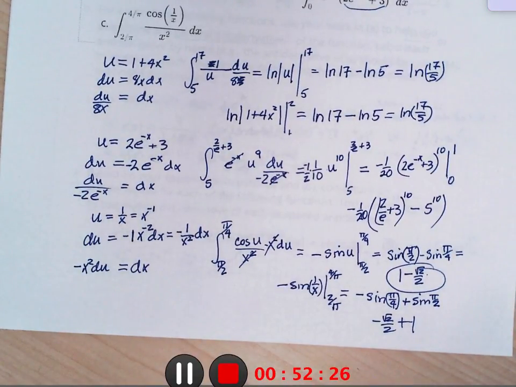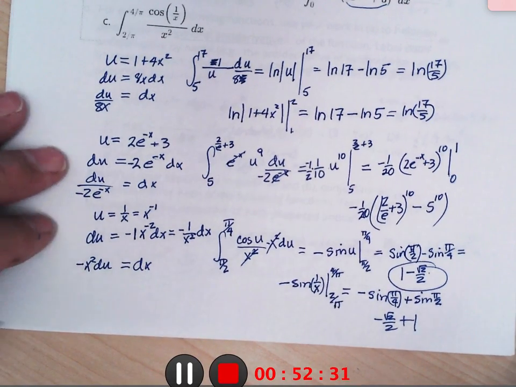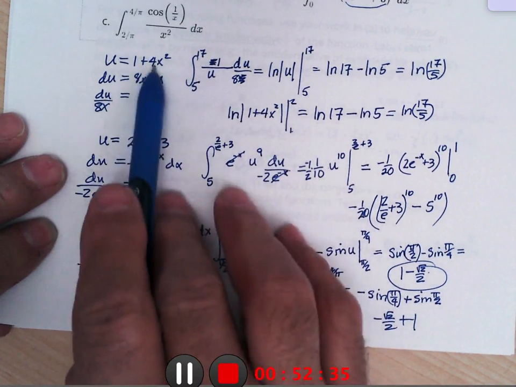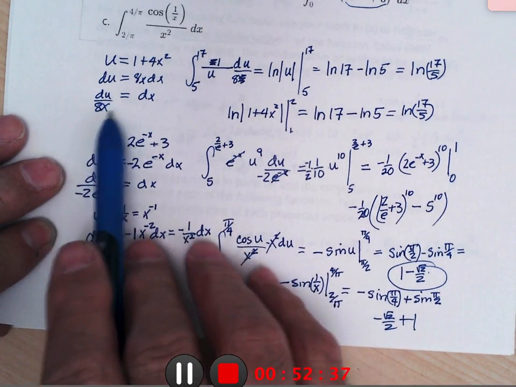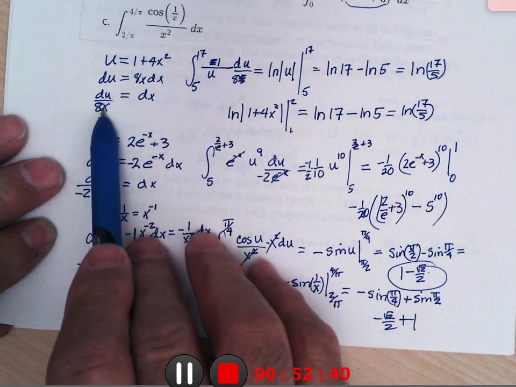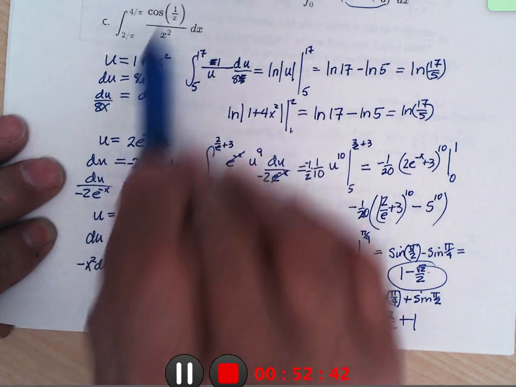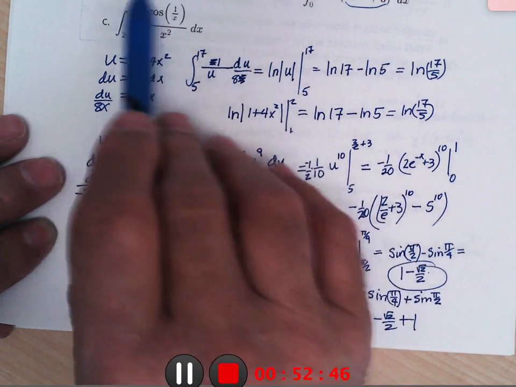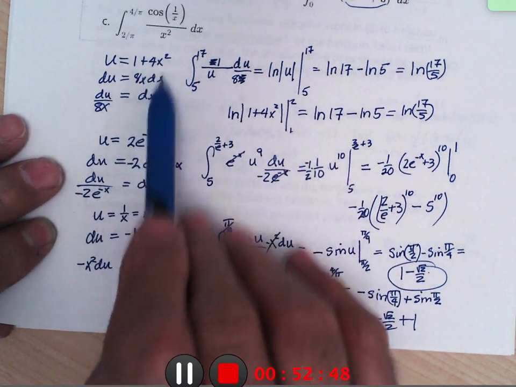Hopefully you're starting to get a feel for how this u sub and the derivative of whatever we use for u is used to cancel stuff. It canceled the x in this. If we let it be 2x, it canceled that. Or the whole thing here, 4x squared, creates an 8x, and the x canceled.